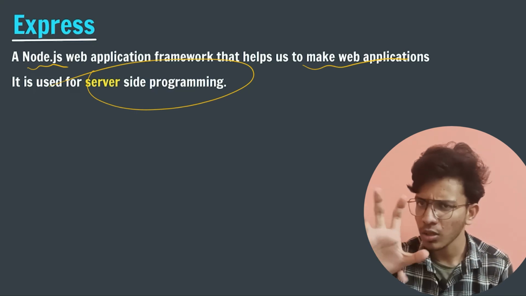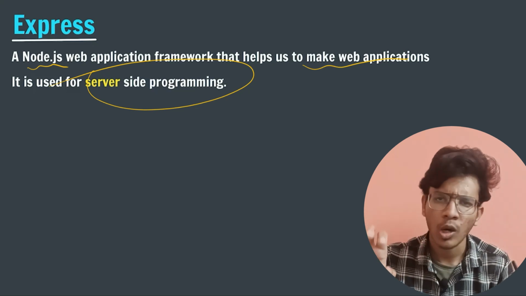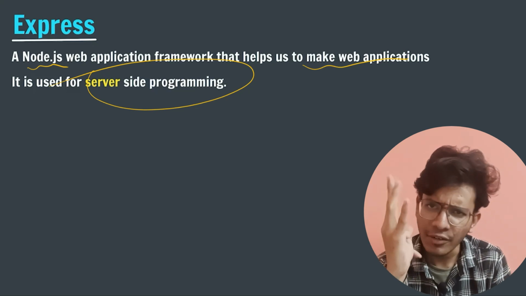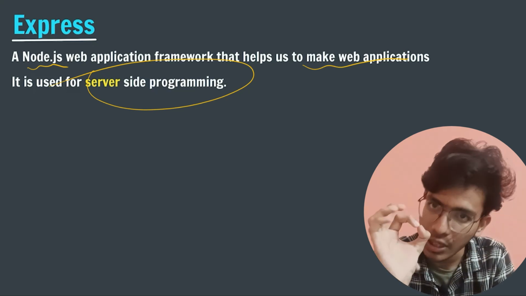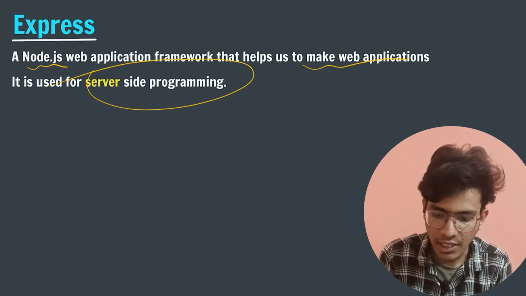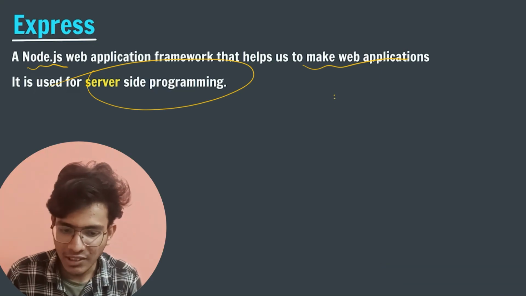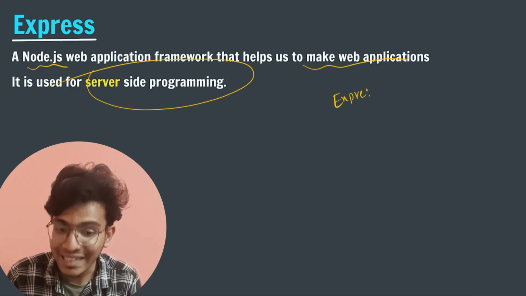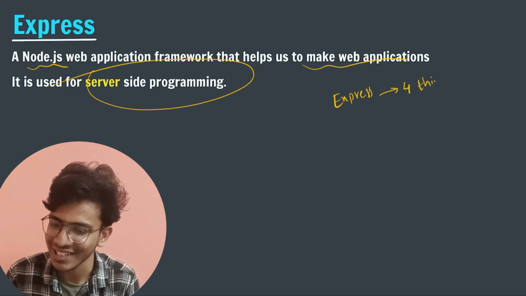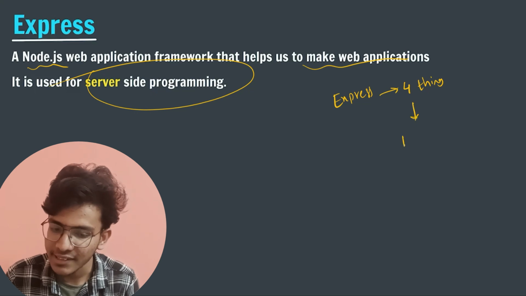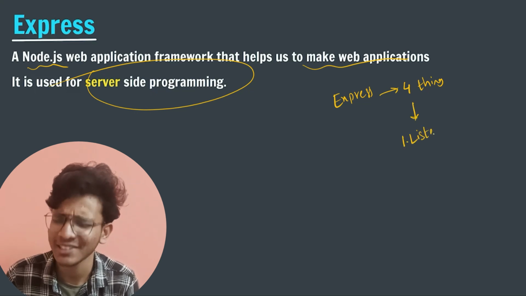Before we talk about the coding part or how we can download Express, there are 4 things you have to keep in mind whenever you talk about Express. Express does mainly 4 operations. The first is that Express is a good girlfriend, or a good boyfriend.